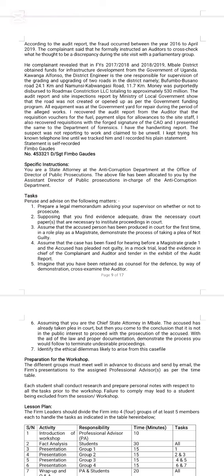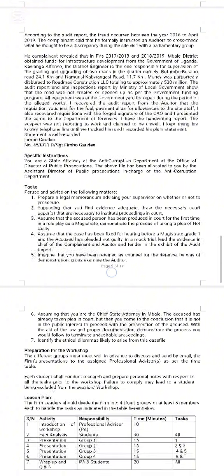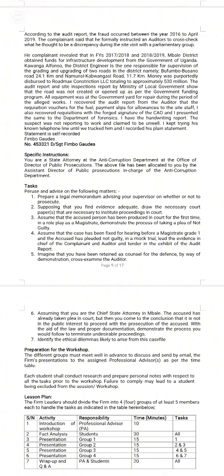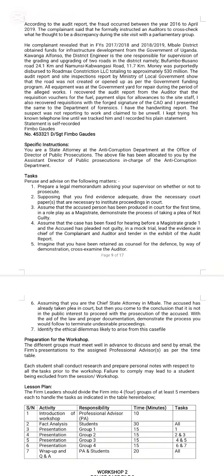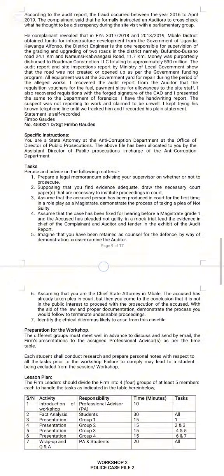The district engineer is the one responsible for supervision of the grading and upgrading of 2 roads in the district, namely Busuno Road and Nomasi. Money was purportedly disbursed to Roadmax Construction Company at about 530 million. The audit report and site inspection report by the Ministry of Local Government show that the road was not created or opened up as per the government funding program.